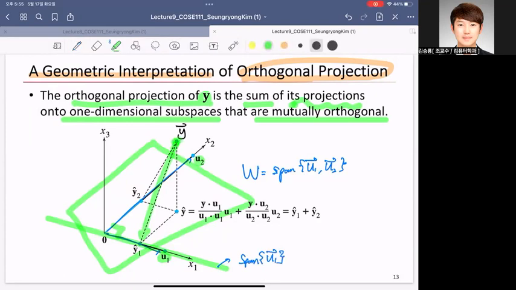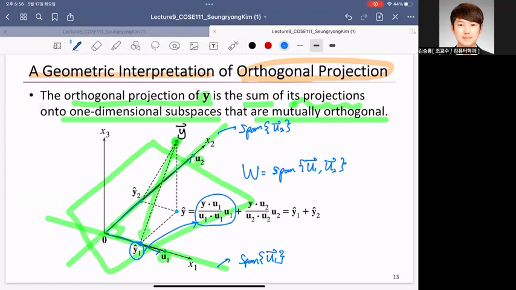Similarly, this vector y can be projected to this line spanned by u2. So then, in this case, from chapter 2.1, this point, y1 hat, is going to be this one: y inner product u1, over u1 inner product u1, times u1.